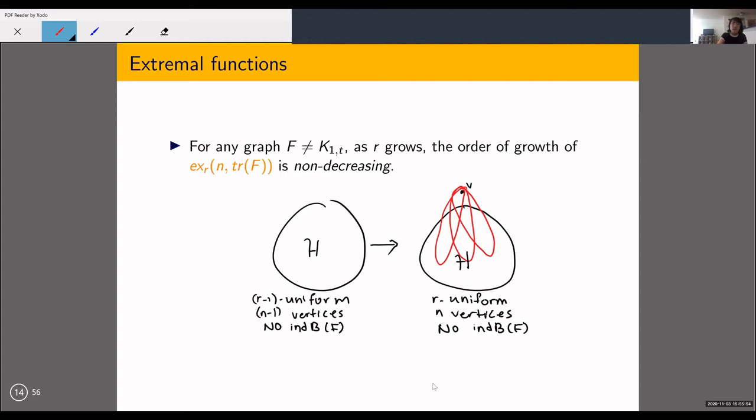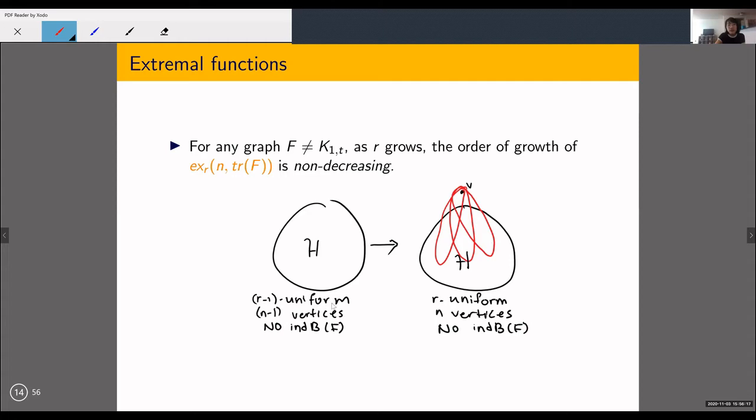What this says is, let me take a construction of an (r minus 1)-uniform hypergraph which has no trace of F. Sorry, this is old notation, but this should be trace of F. What I want to do is construct a new example. Again, I add this new vertex and include it in every existing edge.